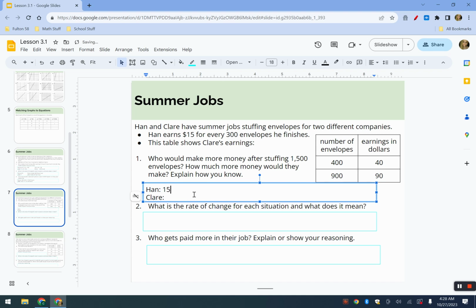To do that, we take the amount of money they make and we divide it by the amount of envelopes that they stuffed. So for Han, it's 15 divided by 300, and that gives us 0.05. For Claire, we could take either 40 and divide it by 400, or 90 and divide it by 900. It's going to give you the same answer no matter what, of 0.1.